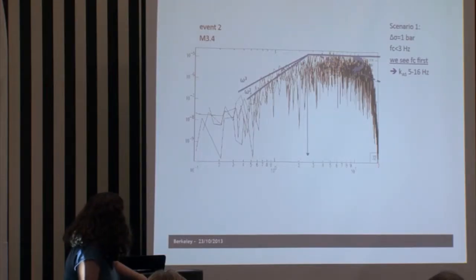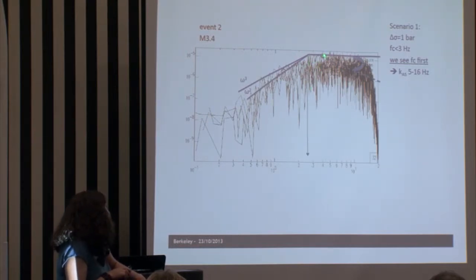So if we look at the spectra for the biggest event, we do see a kink here. The question is, what is this kink? Scenario 1 says it might be the corner frequency, so that's around 2 or 3 hertz.